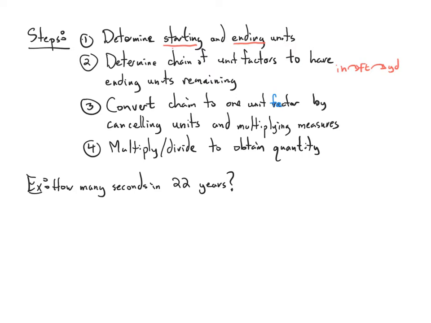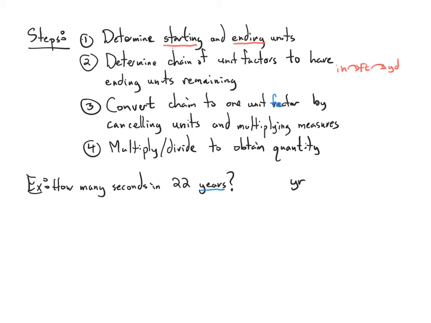So let's do this example here. How many seconds are in 22 years? Okay, so we're starting with years. We're going to assume here that by years, I mean just a regular 365-day year, not a leap year or anything like that.